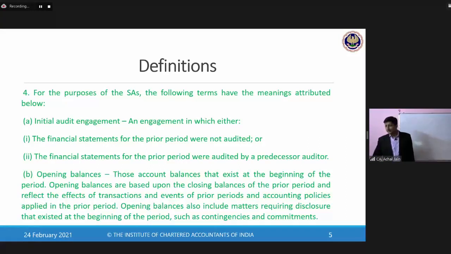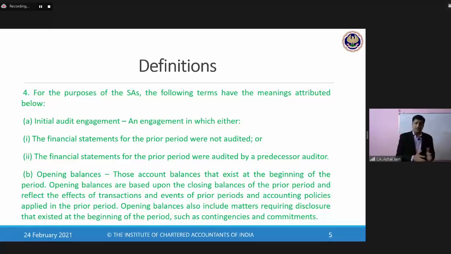What do you mean by them? Initial audit engagements and the opening balances: what are the areas of audit which are covered by this auditing standard? So this is an engagement. Initial audit engagement means it's an engagement in which either the financial statements for the prior period were not audited.